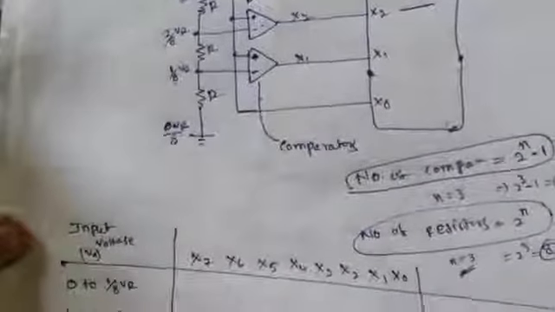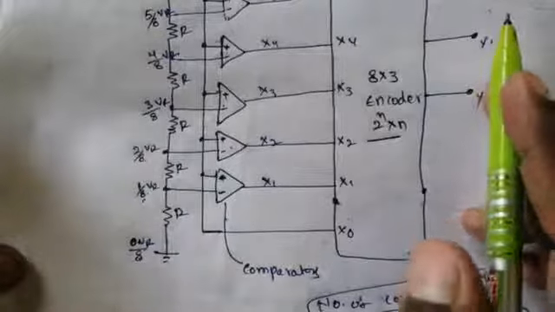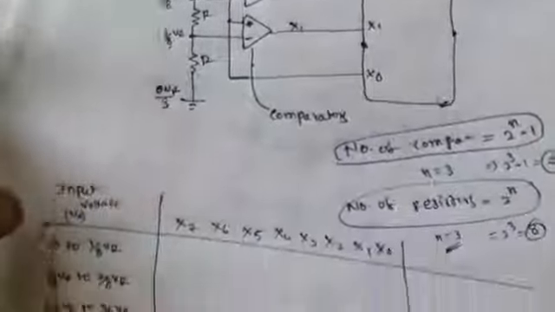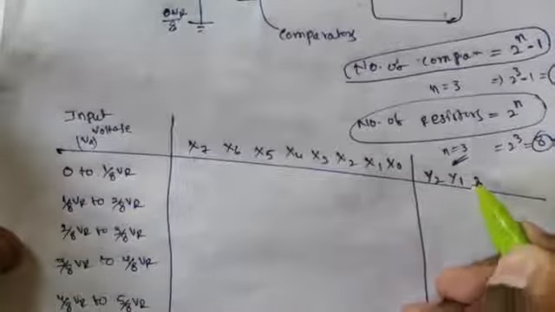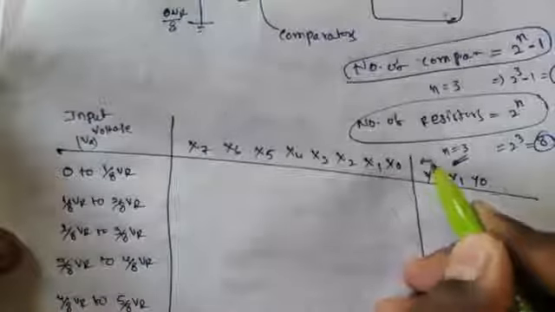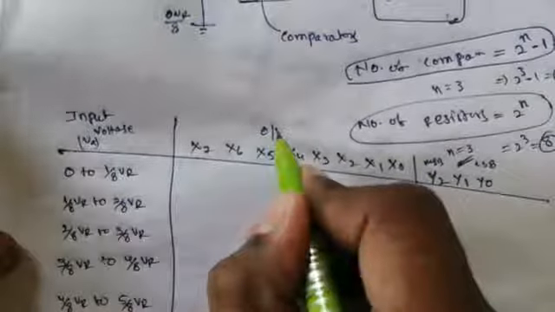Coming to the outputs, here Y0, Y1, Y2. Y2 is the MSB and Y0 is the LSB, so consider Y2, Y1, Y0. These are all comparator outputs.